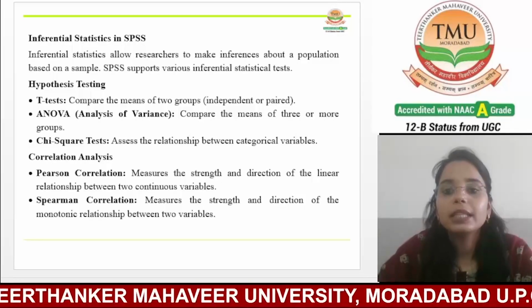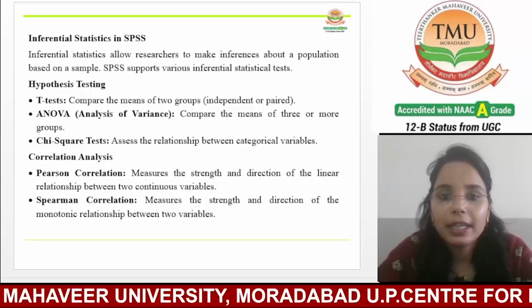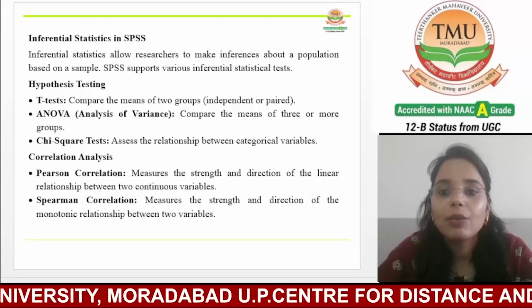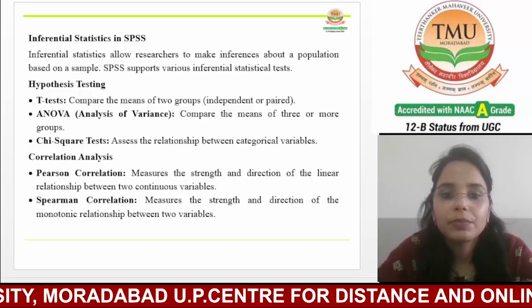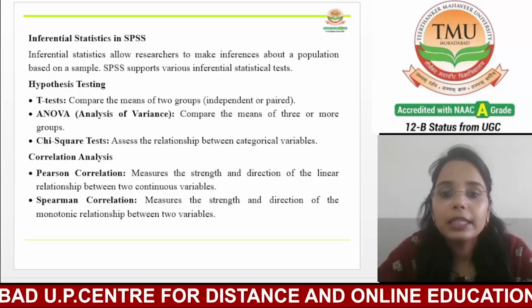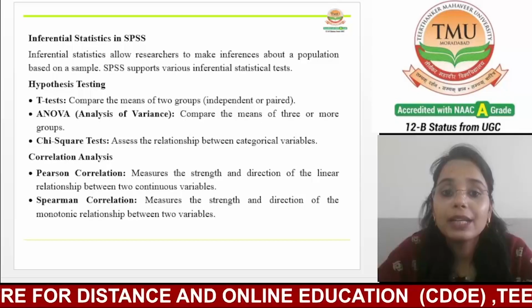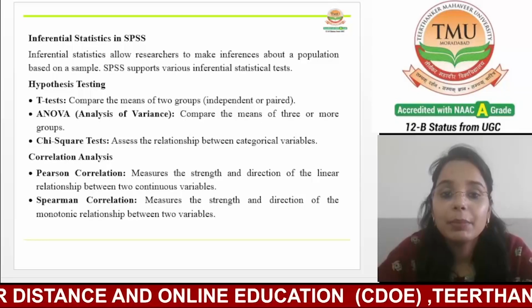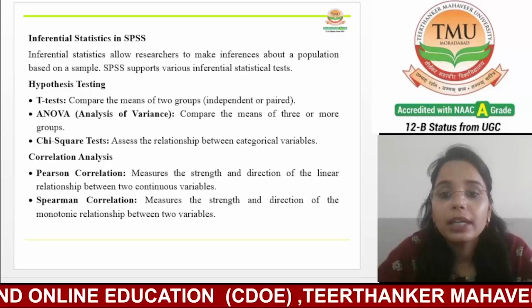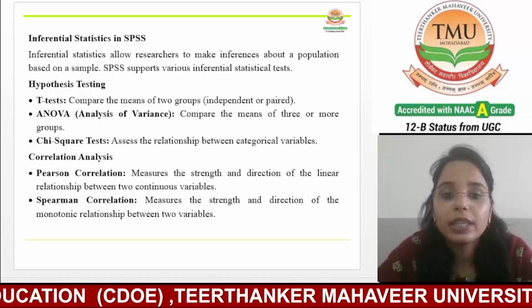In SPSS, there are three main types of tests: independent sample t-test, paired sample t-test, and one sample t-test. The independent sample t-test compares the mean of two independent groups. It can be male or female to see if there is a statistically significant difference between them.